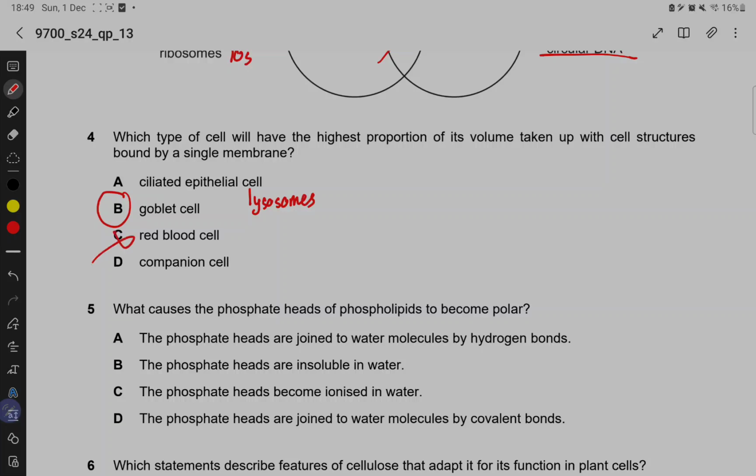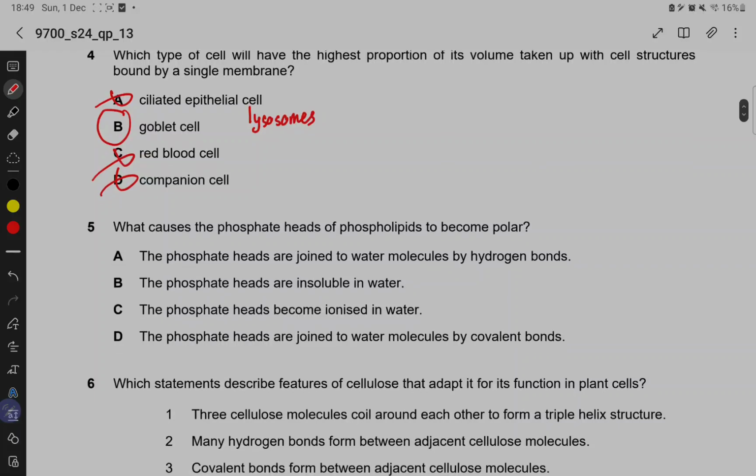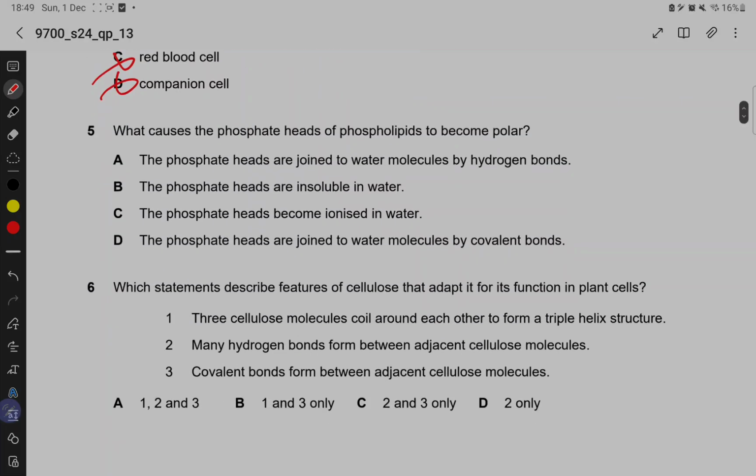Red blood cell doesn't have any cell structures, and if you know the structure of a companion cell, there are a lot of double membrane structures inside the companion cell. Same with the ciliated epithelial. The goblet cell mostly just has lysosomes because it's releasing mucus. That's why it's B.